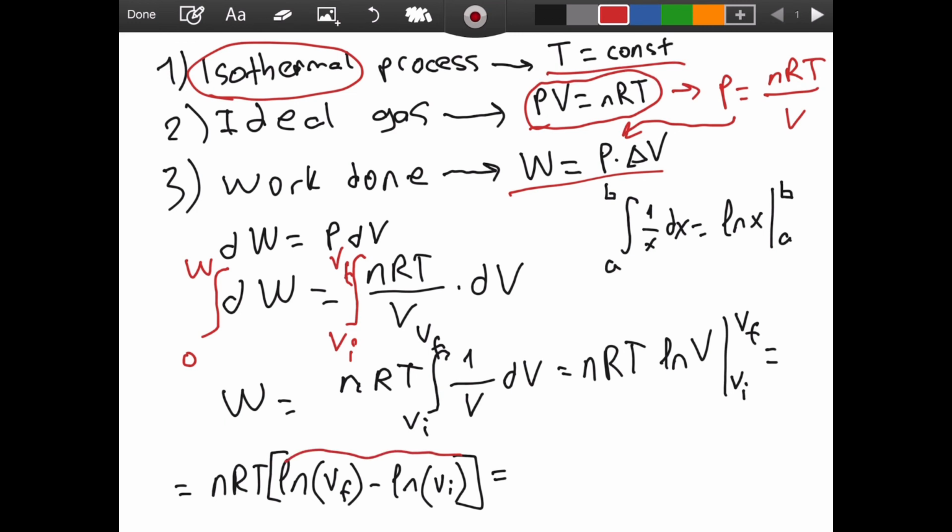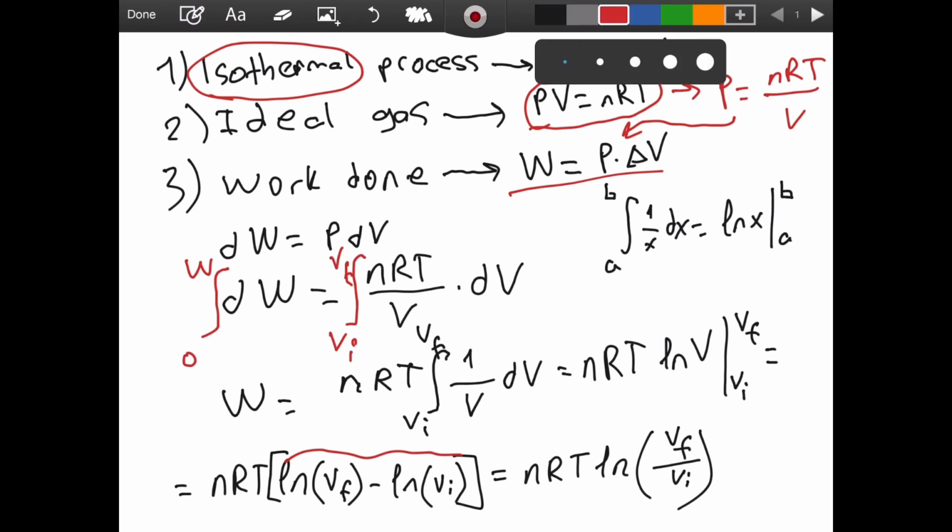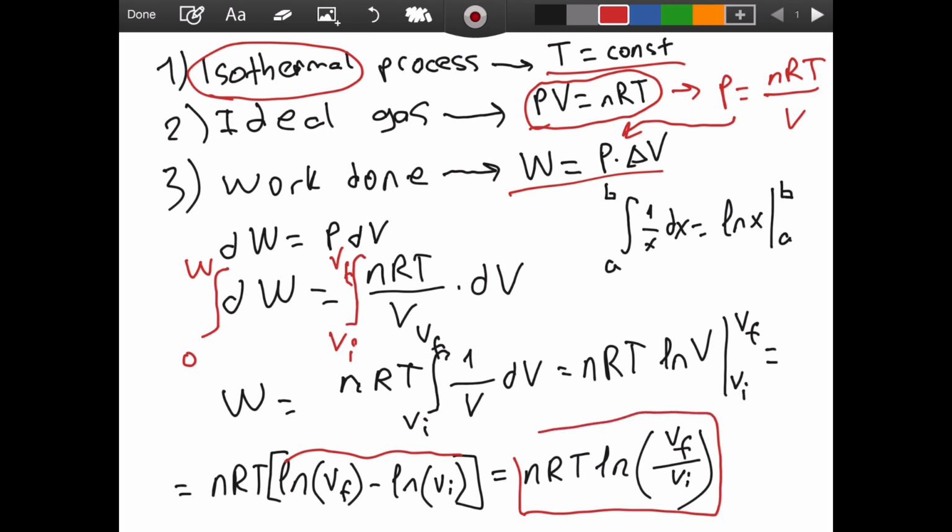If you have this kind of thing where you are subtracting two logarithms with the same base, what you can do is write them as a single logarithm with a division like this. And this actually gives us the formula for work done by an ideal gas in an isothermal process.